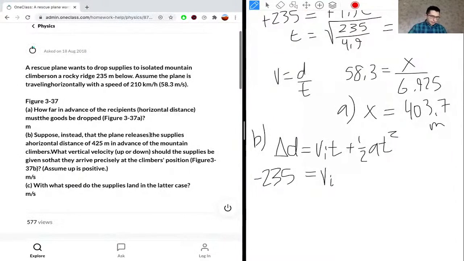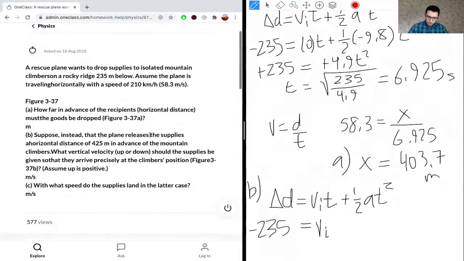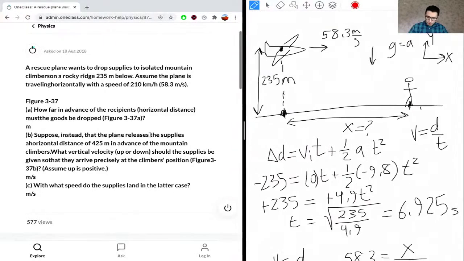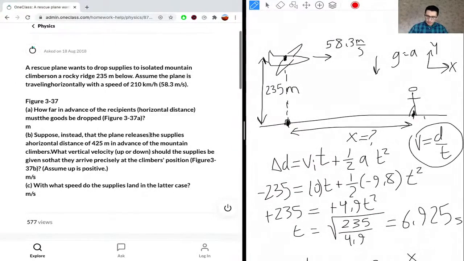The time in this scenario is something we'll also have to solve for. So in order to solve for this, we have to use this equation over here because we're given the distance. We're given the X value in question B, which is 425. We're not given time, but we know the velocity. So let's solve for time.